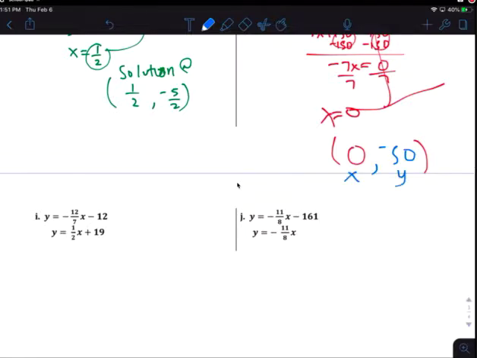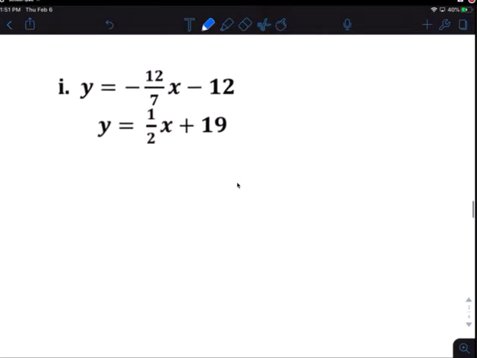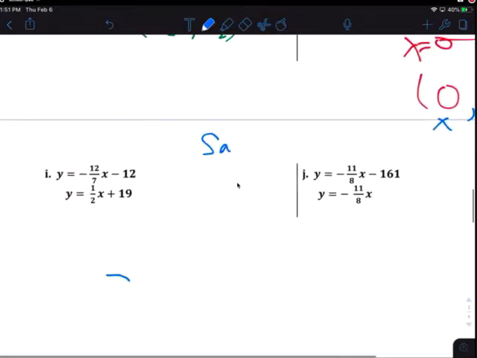Okay, most of my classes I did this one, not completely though. You're going to save the 1/2 x plus 19. Okay, and then y equals.